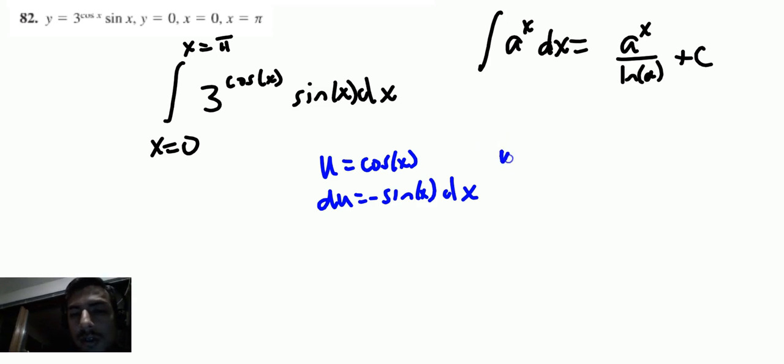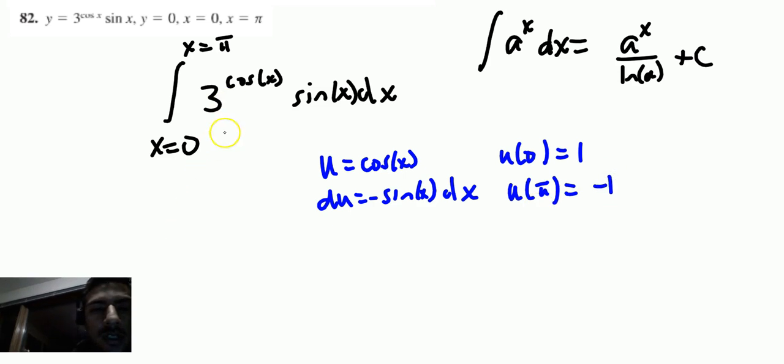So let's do u of 0. Cosine of 0 is 1. Let's do u of pi. U of pi is negative 1. So we're going to get a new integral from u equals 1, because the 0 was with the 1, to u equals negative 1.